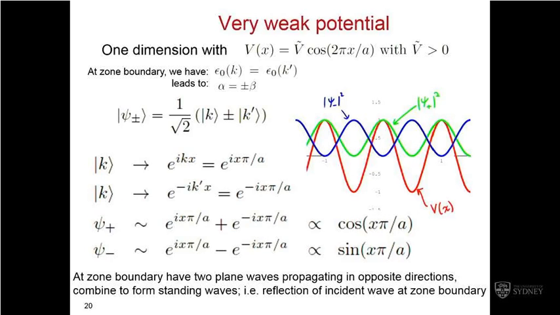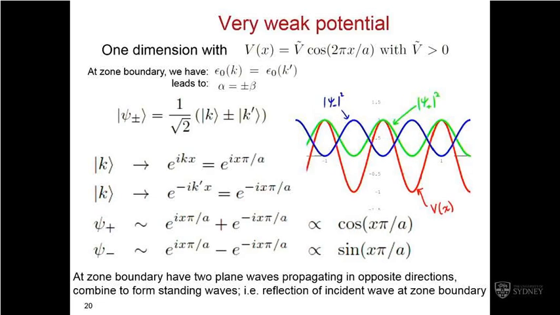Okay, so what does this mean? It means at the zone boundary, we've got these two states which correspond to plane waves propagating in the opposite direction. Remember we said they were Bragg planes? This is all a little bit abstract, but I'm trying to tell you what it means. So we've got Bragg planes at our zone boundaries, and when we're thinking about electrons in solids, at the zone boundary you can think of it as two plane waves propagating in opposite directions, and you know what that gives you.